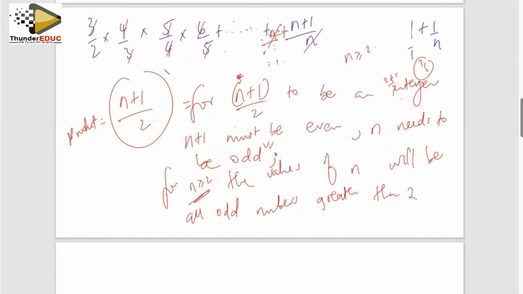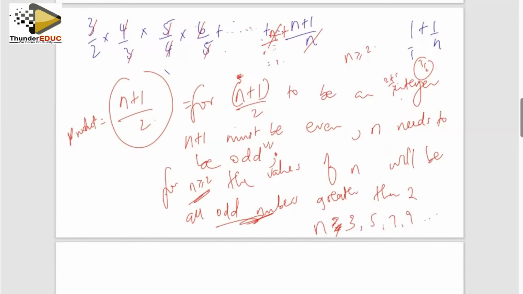Or you can say that n is going to be greater or equal to 3. But if we say this, then it's not going to make sense. So rather I would say n must be 3, 5, 7, 9, and so on, for as long as it is odd numbers.